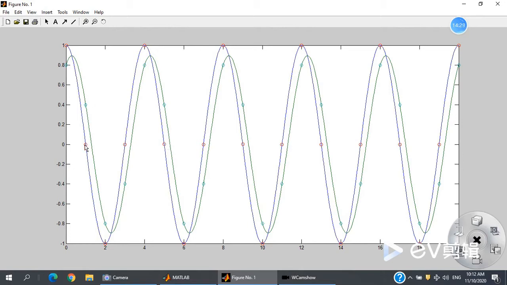If it is shifted like this blue one, no, it's not shifted like this diamond. This diamond is different. Actually, these curves are shifted. But if you just look at the green diamonds and the red circles, they don't really look like a shift.